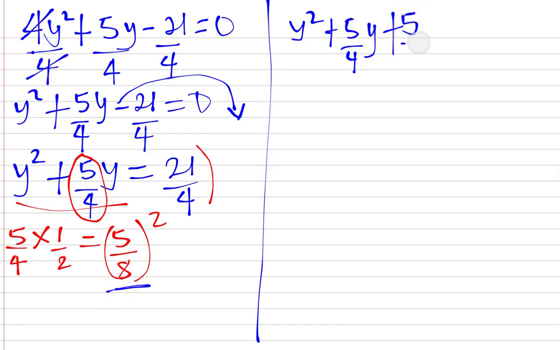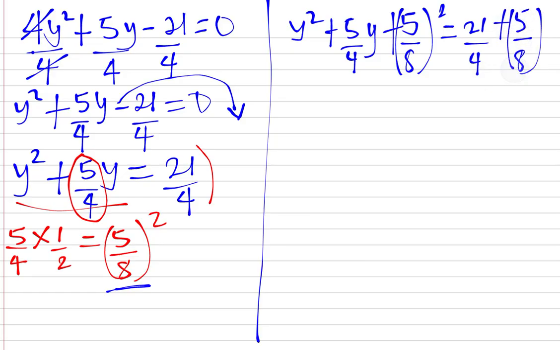So plus 5 over 8 all squared equals 21 over 4 plus 5 over 8 all squared. Are you seeing that now? So that is the value you are going to have.